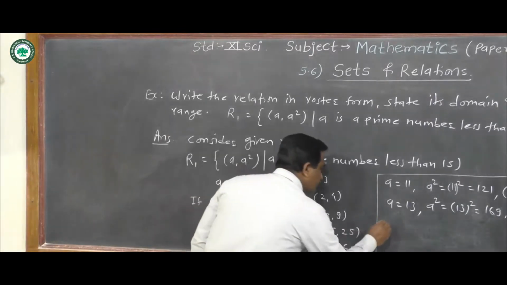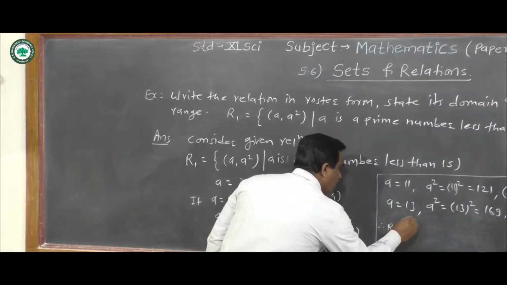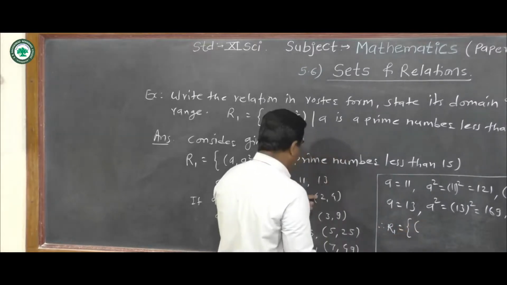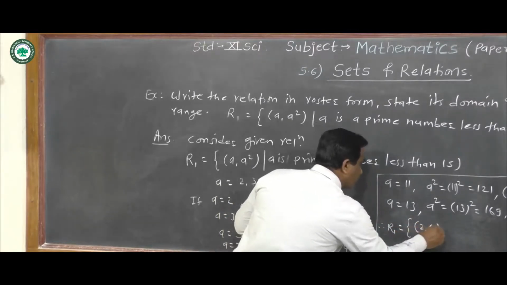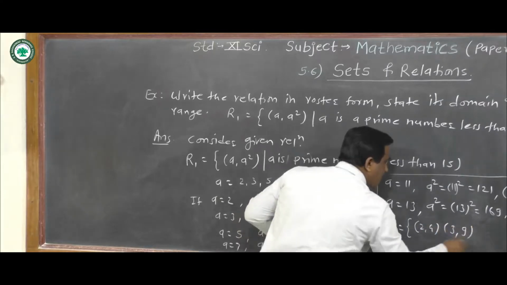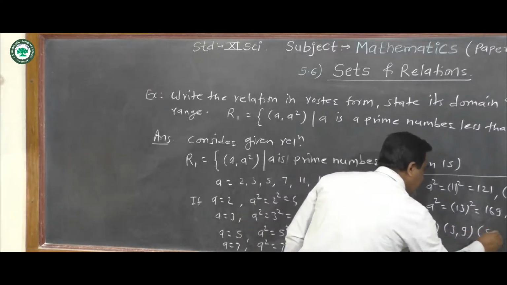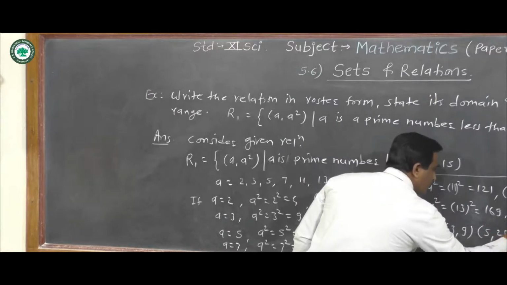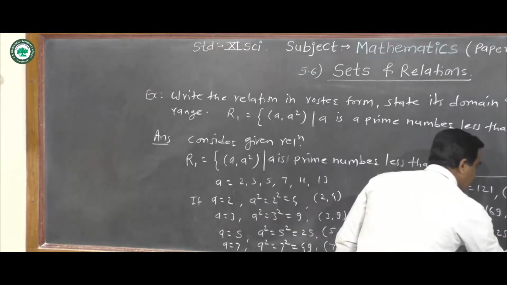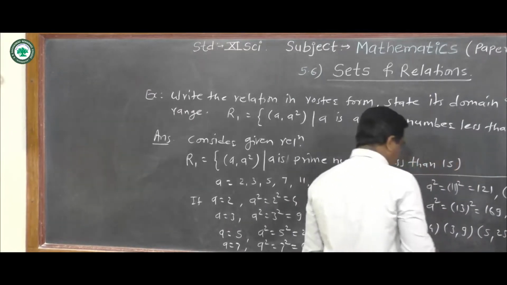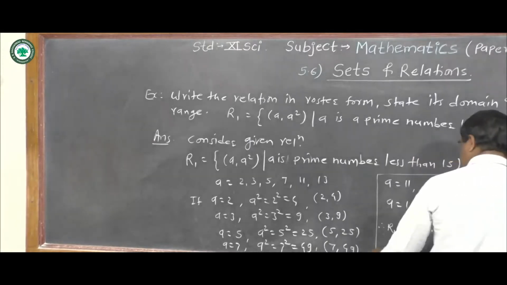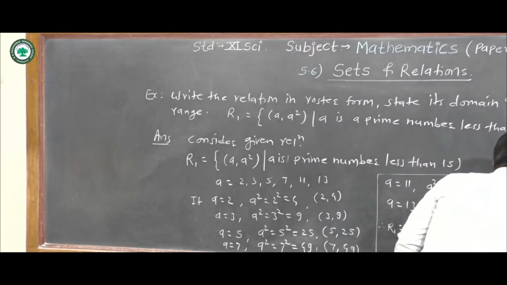Therefore, R1 equal to, in curly brackets, first ordered pair 2, 4, second 3, 9, third 5, 25, fourth 7, 49, fifth 11, 121 and last 13, 169.